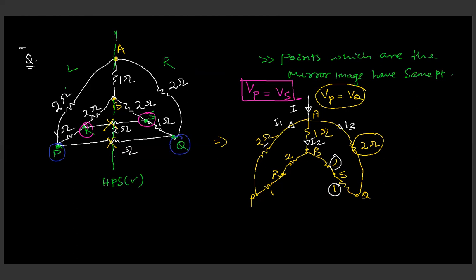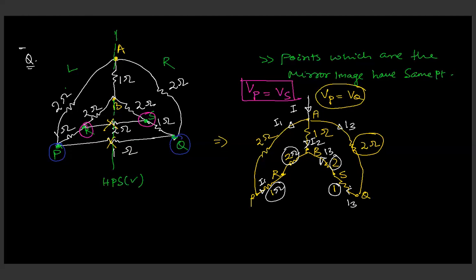So this I1 is flowing in 2 ohm, it is also flowing in 1 ohm, and it is also flowing in 2 ohm, right? So this one is your I1. Similarly, this is I2 and this one is I3. This is also I3. So we can say this 2, this 1 and this 2, they all are in series.